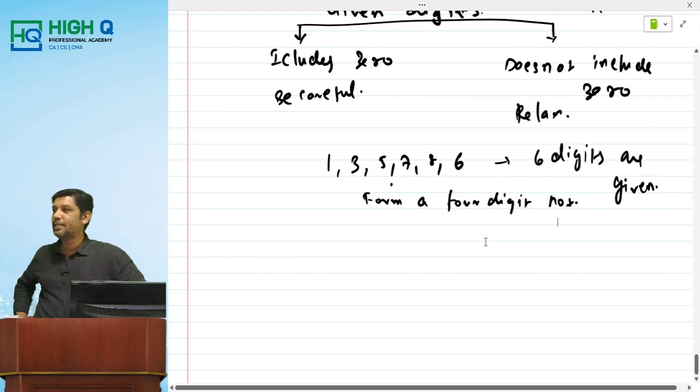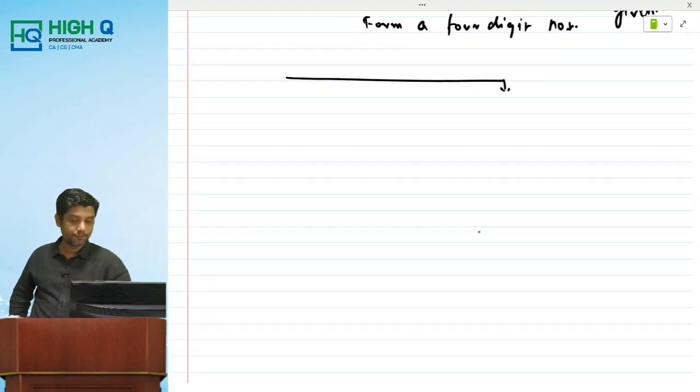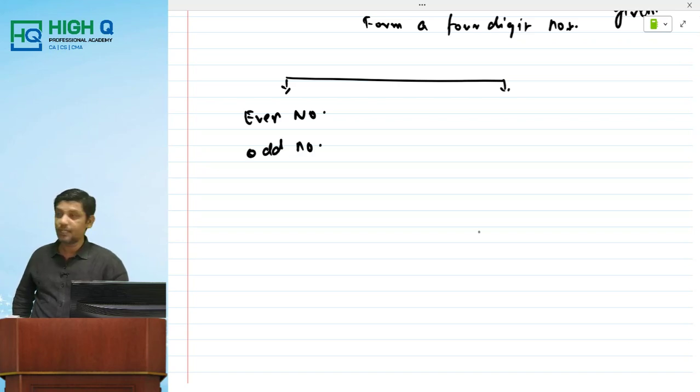But there can be a constraint. What are the constraints expected? I'll tell you. That number must be an even number. This is one constraint. Odd number is another constraint. Divisible by 2, another constraint.